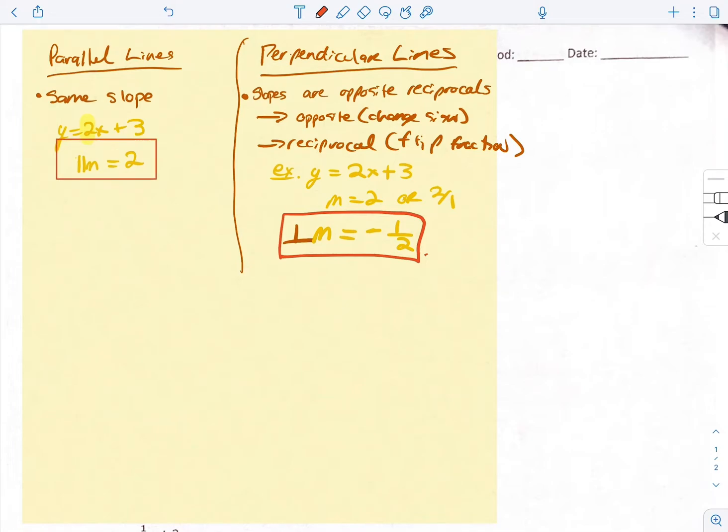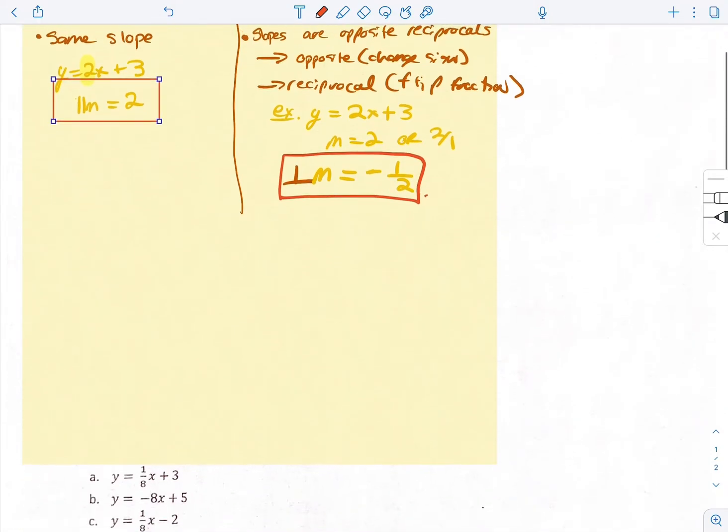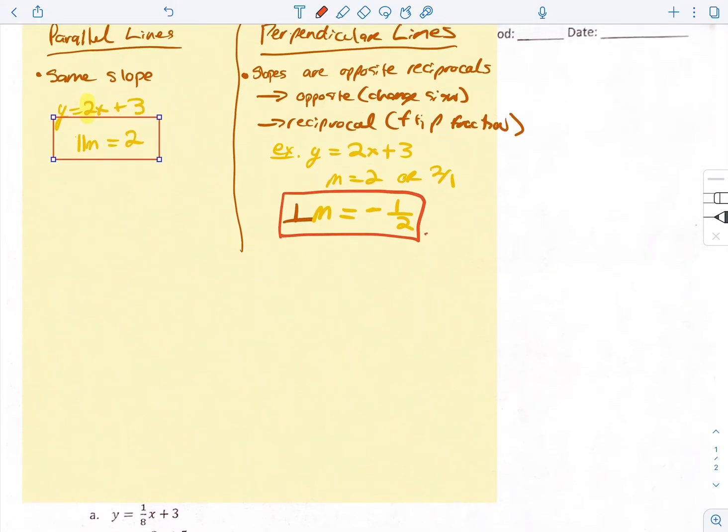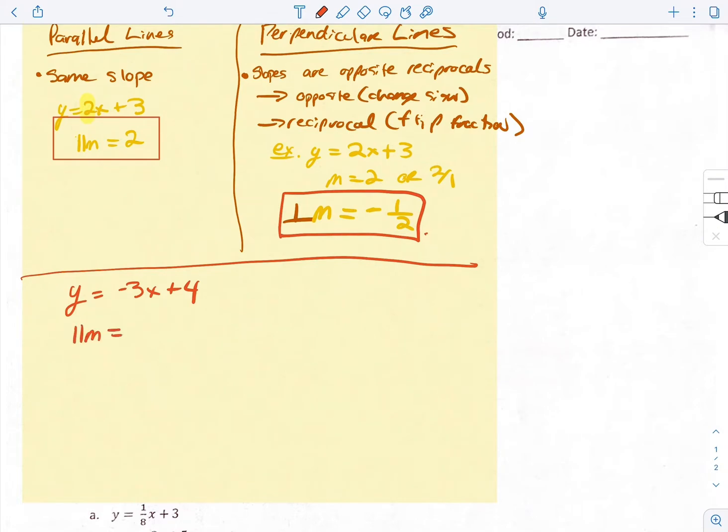All right, so that's perpendicular. This is parallel. So now we can go through a couple of examples just to make sure that we're all on one accord with what things are. If I give you an equation, y = -3x + 4, and I ask you, hey, tell me the parallel slope. Tell me the perpendicular slope.